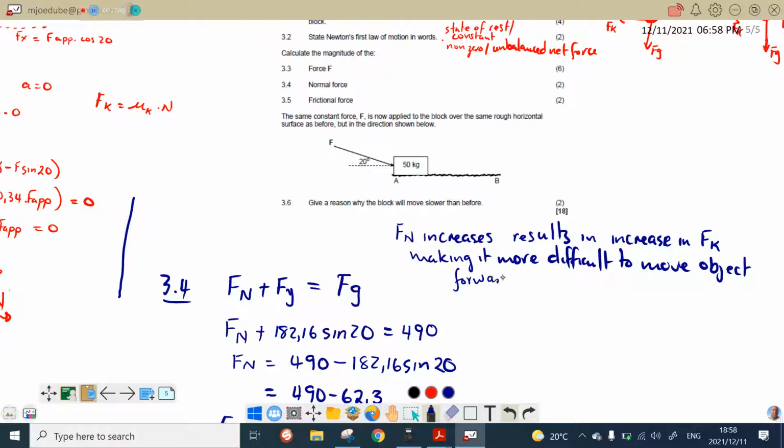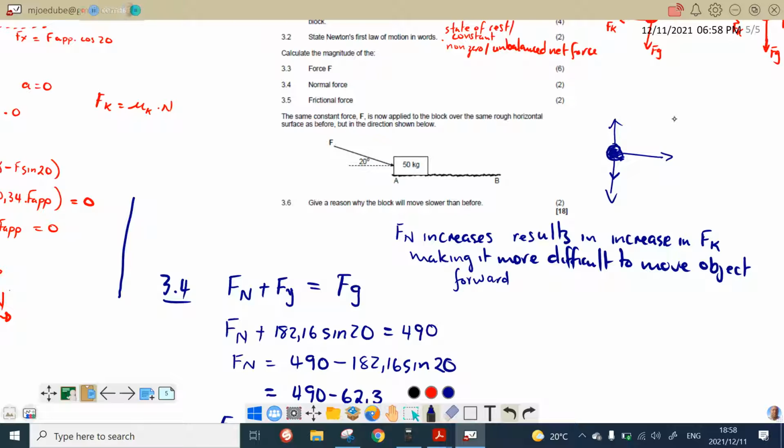Remember, the applied force is now acting in the downward direction. If you were to look at the free body diagram, you'd have the horizontal component, you'd have Fg acting downwards, and you would also have the Fy now acting in the downward direction.